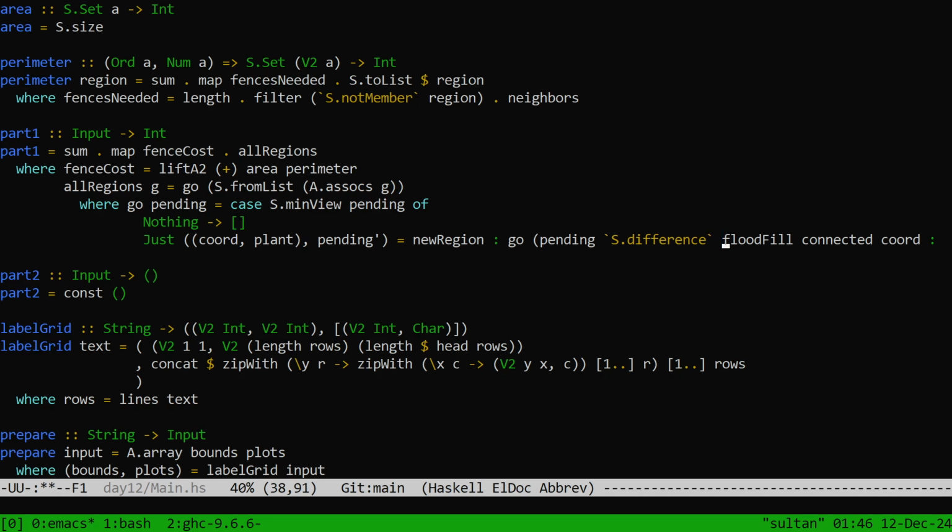Oh, I don't want difference, do I? I want to like remove all. Is there a... Because I don't actually have the values. Oh. That's kind of lame. Since I don't have the value, I can't actually remove the item from the set.